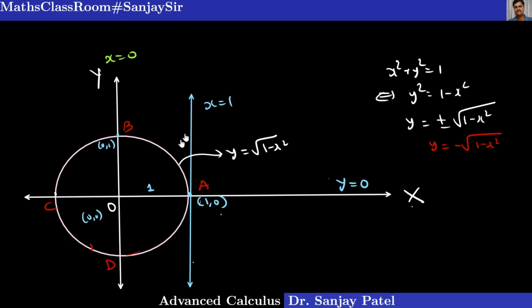But our region of integration is the area enclosed between x equal to 0, x equal to 1, y equal to square root of 1 minus x square, and the x-axis. Means our region of integration is the portion of the unit circle lying in the first quadrant. So this is my region of integration.